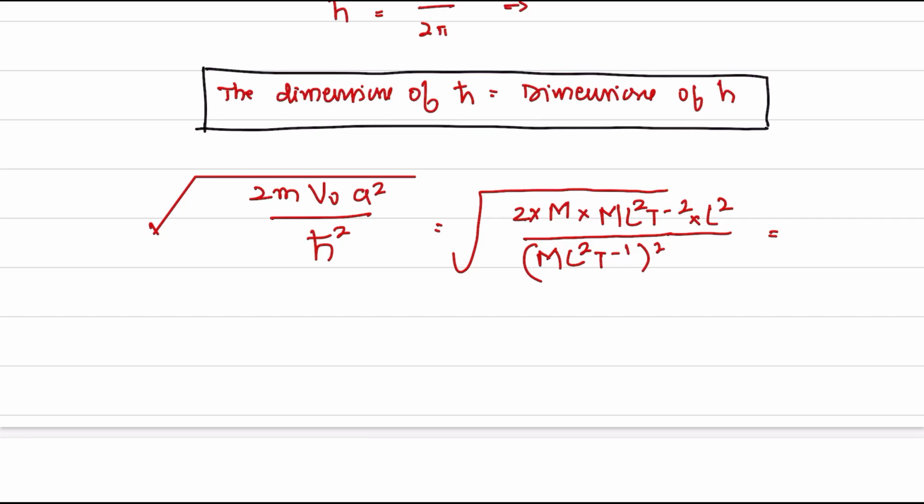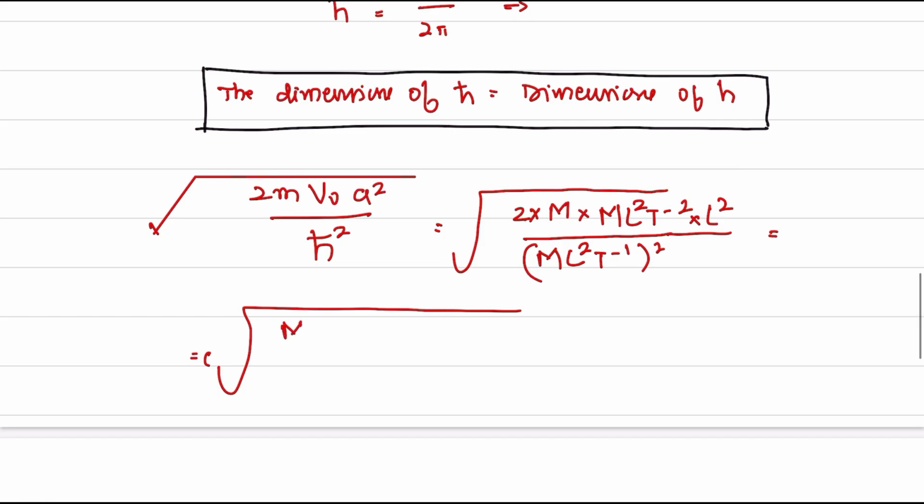Now let us simplify. This is equal to square root of 2, let us remove outside, some constant we can write, and we need not write it in the dimensional analysis. We are only calculating the dimensions, not the constants.